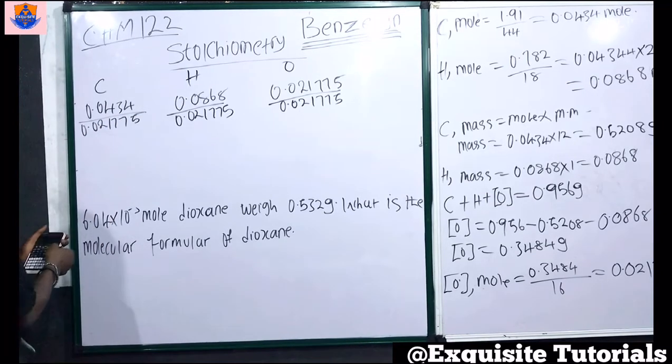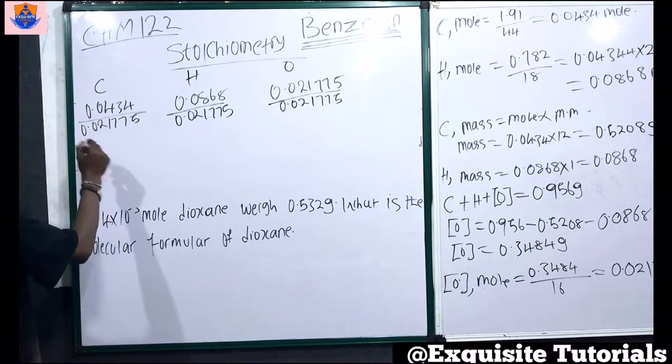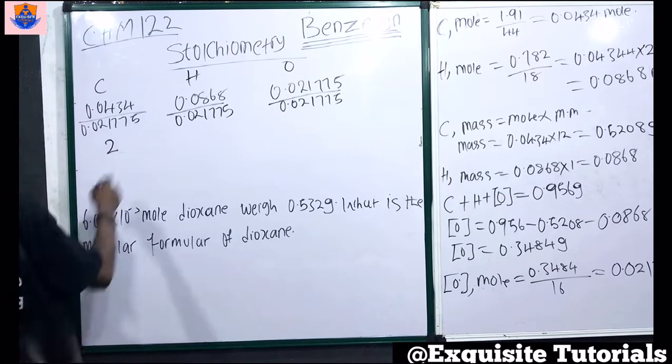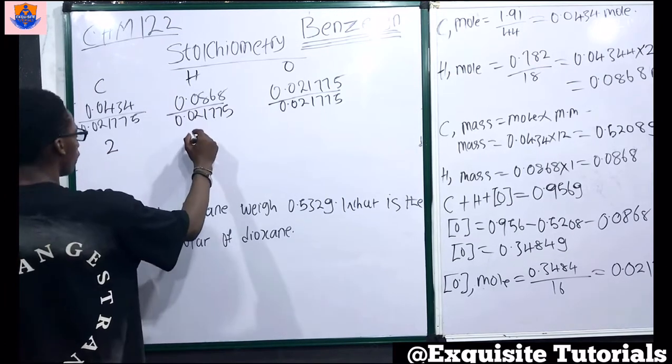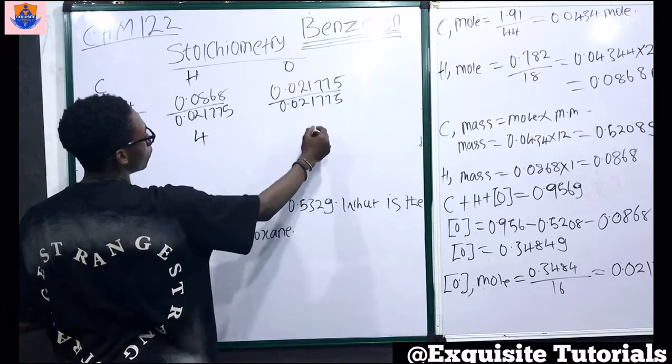So we are dividing 0.0434 by 0.021775. So we have here an approximate value of 2. Here we have an approximate value of 4. Then here should possibly be 1.